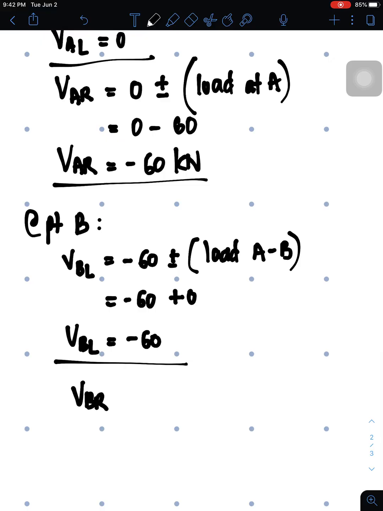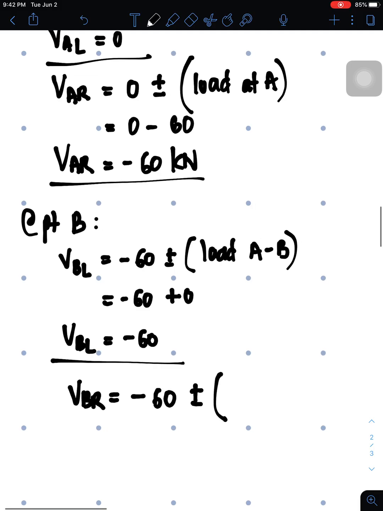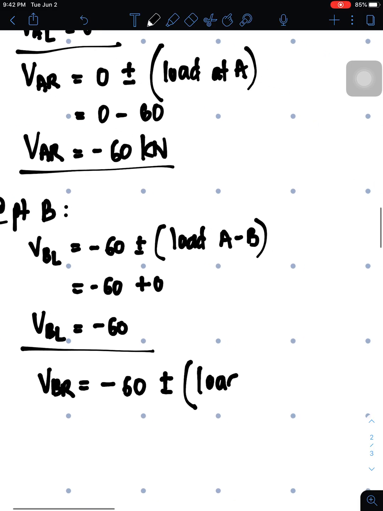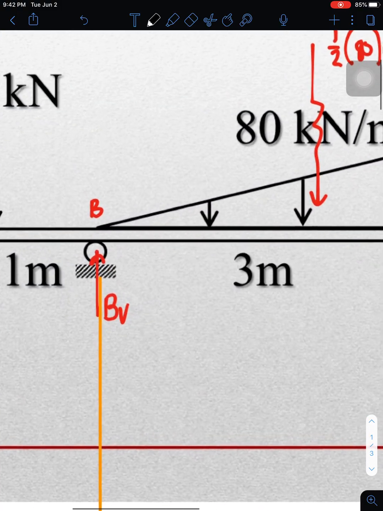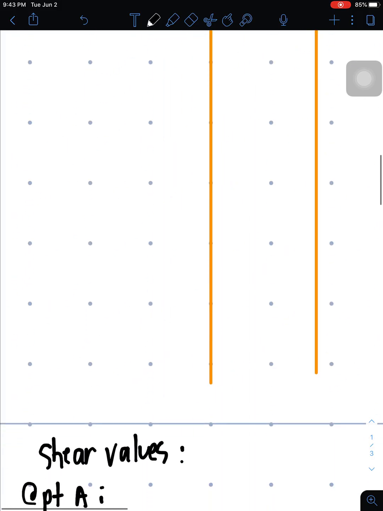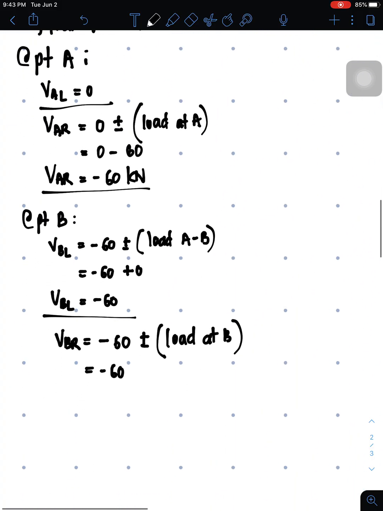So VB right, copy the previous value, negative 60. Then plus minus the load at B. So what is the load at B? The load at B is upward, BV.